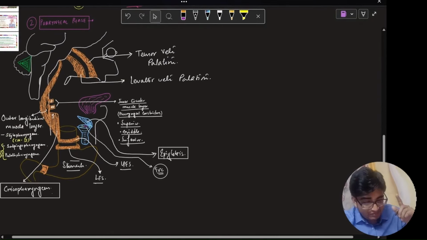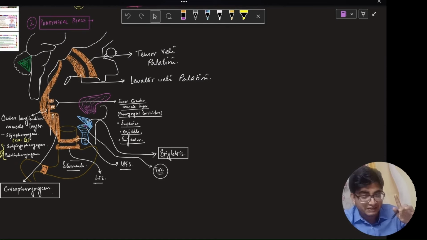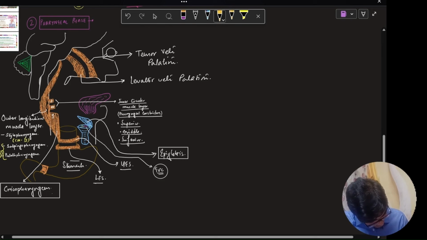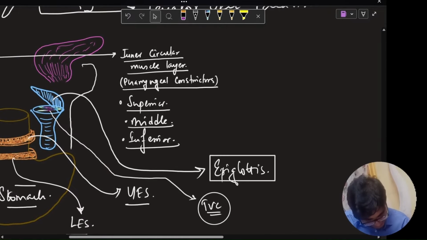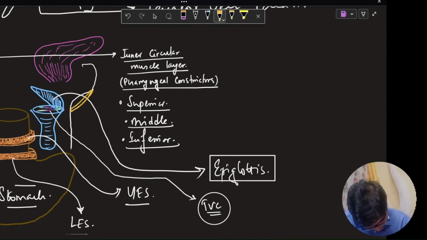Along with them, there are also two muscles helping in this way. Let us draw them also.